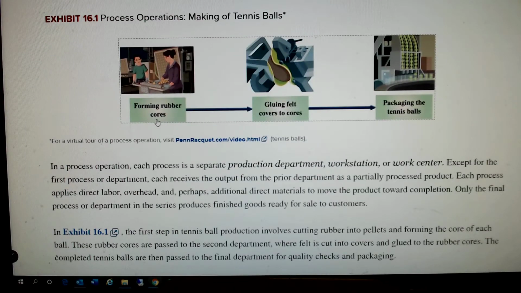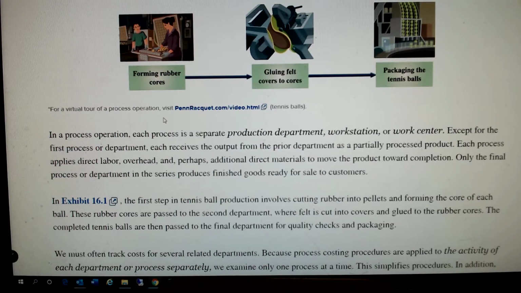So in process costing, you really can't track costs by a particular job. So we track it by department, and then at the end of the month, compare the costs to what we produced, what's actually done and gone, and what's still here, and then go through that four-step process to allocate the costs.